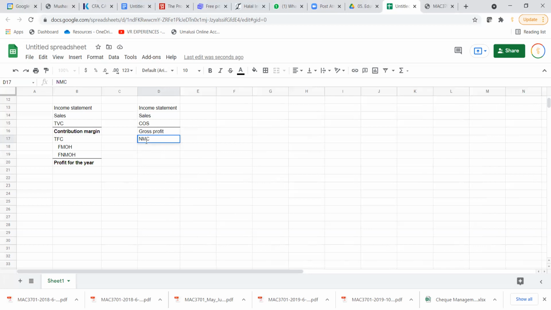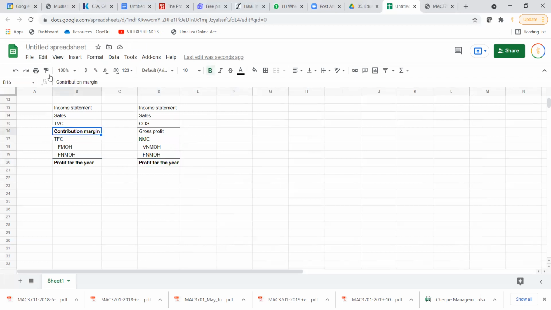Non-manufacturing costs are made up of variable non-manufacturing overheads as well as fixed non-manufacturing overheads. Very, very important. Once again, we get to the same endpoint: profit for the year.